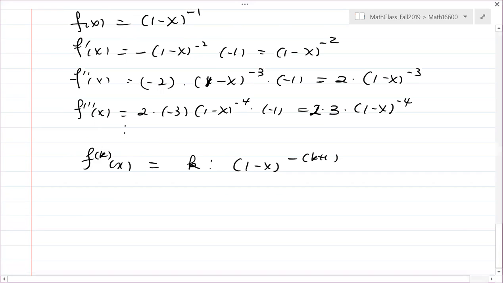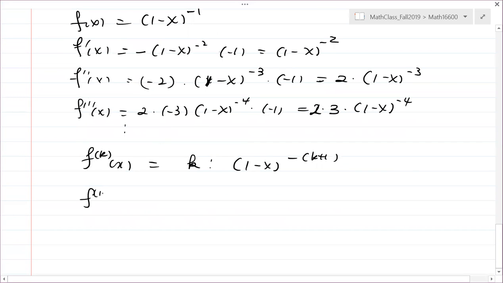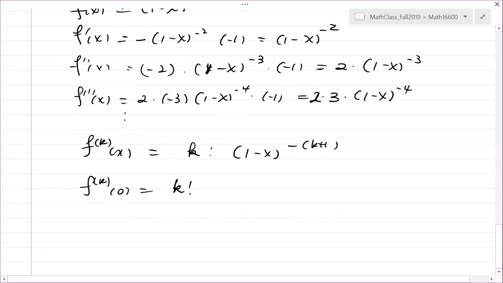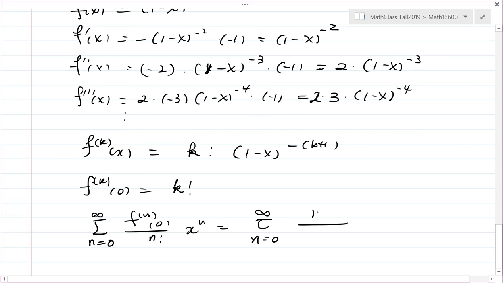Then you calculate it, which just equals k factorial. Then the series is going to be n factorial over n factorial x to the n.